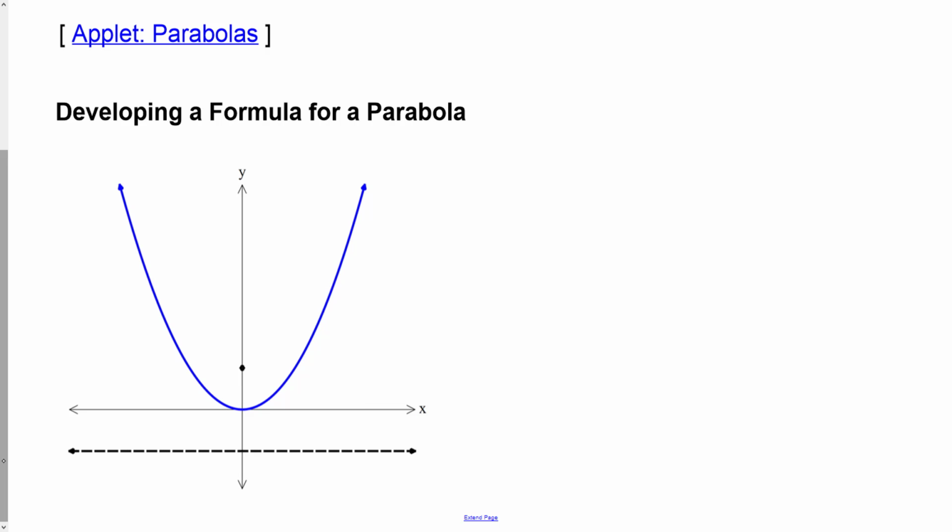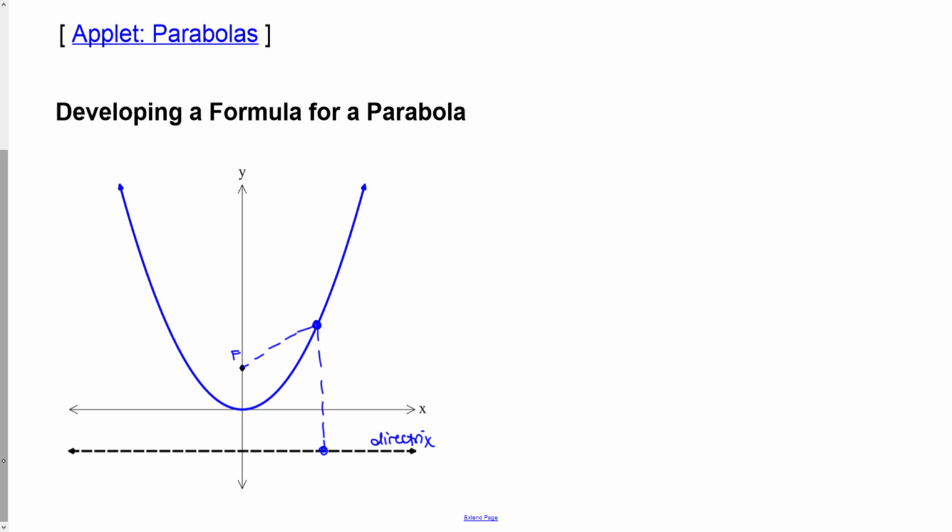So basically what I have here, I have the directrix, and I have my focal point right here. Now, those two objects, every single point on the parabola is going to be at equal distances between the focal point and the directrix.